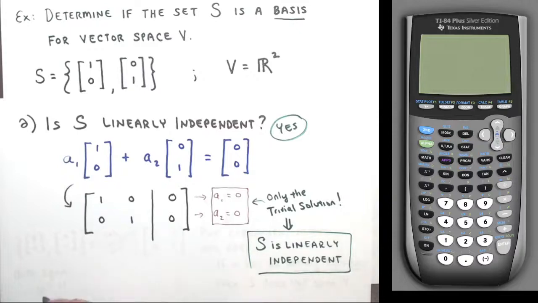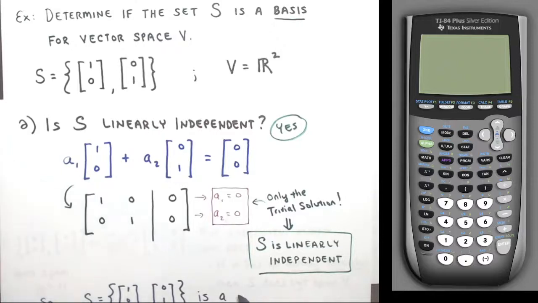So S, the set with (1, 0) and (0, 1), is a basis. It's called a basis for R2.